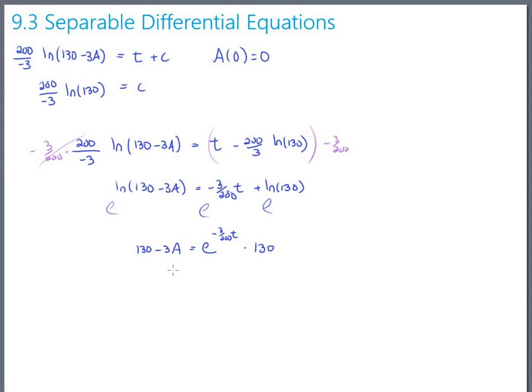And thankfully we're pretty close to being done with this monster problem. Let's add 130 to both sides, so we'll get -3A equals 130 e to the -3/200 t. I just changed the order on those two things, and then we're adding 130 to both sides, and finally we'll divide both sides by -3.